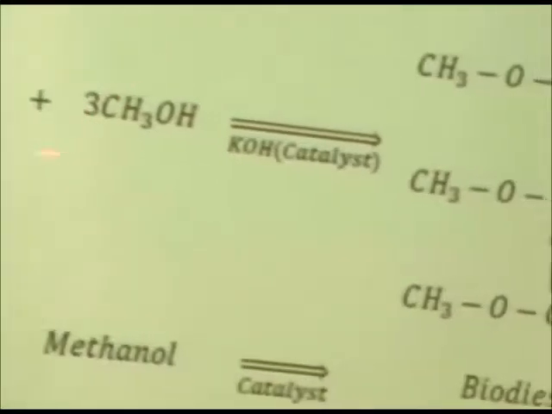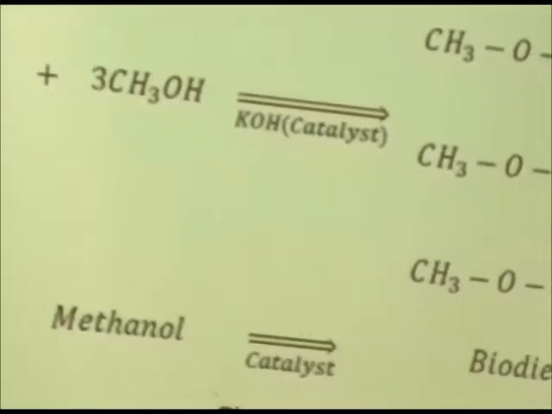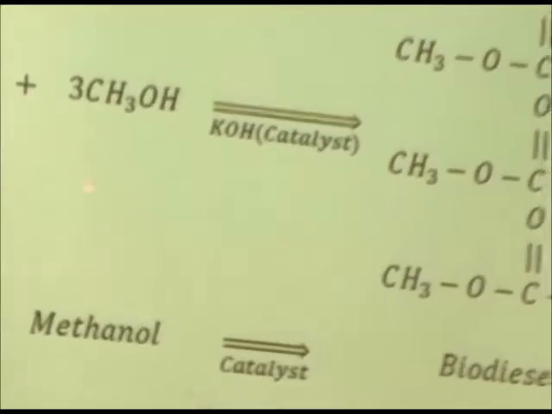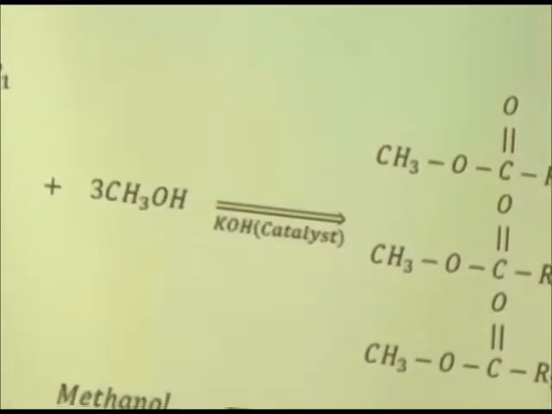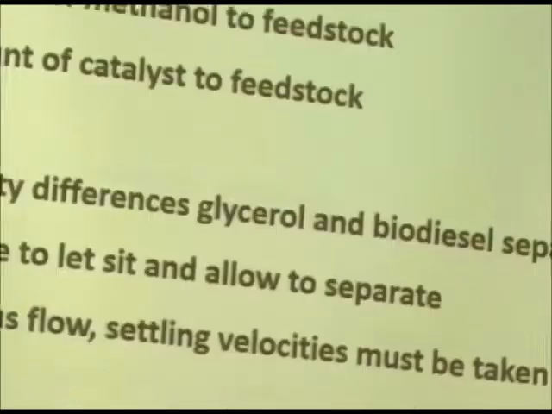This is the chemical equation for what the biodiesel reaction looks like. We have our triglycerides with our alkoxy group right here, and then our methanol. We add the catalyst, and we get biodiesel with the alkoxy groups, and then glycerol.